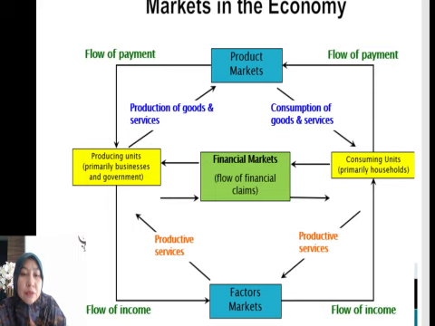So what is the factor market? The factor market is the source of factors. This market basically will pool all the resources that are needed by the production units, like labor and the raw materials that they need. So they will supply to the producing unit to produce goods and services.